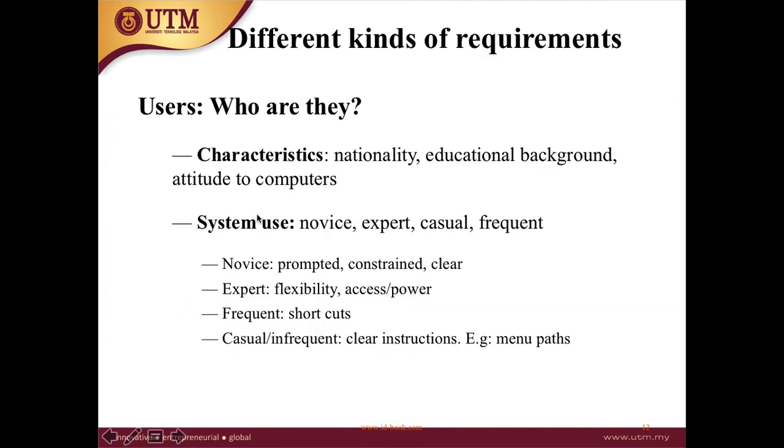Different kind of requirement also involves users. Who are they? You have to get something related with characteristics, and whether they are novice, expert, casual, or frequent user. These are important things that you're going to record in your first data gathering exercise.